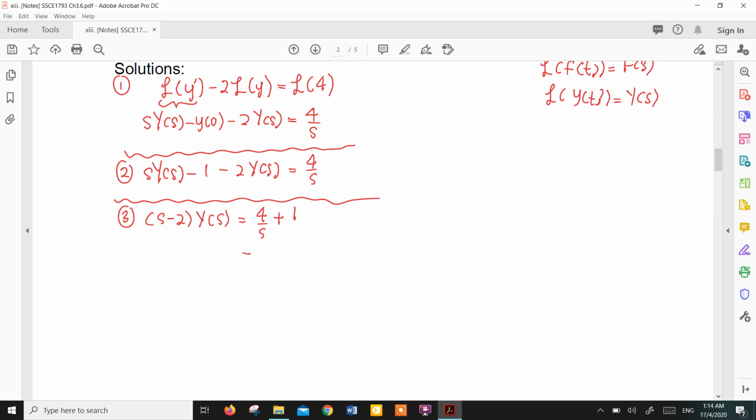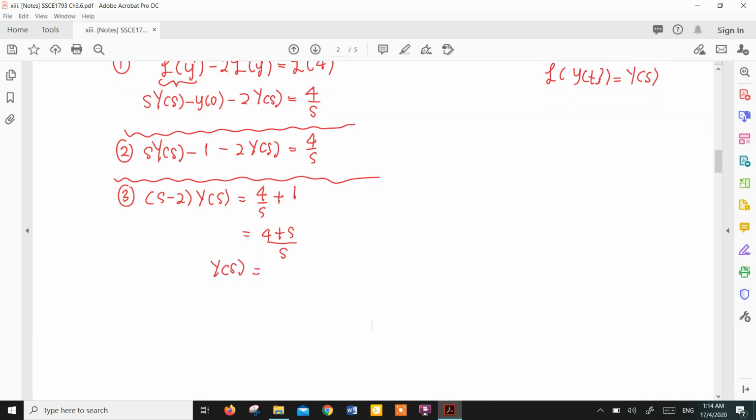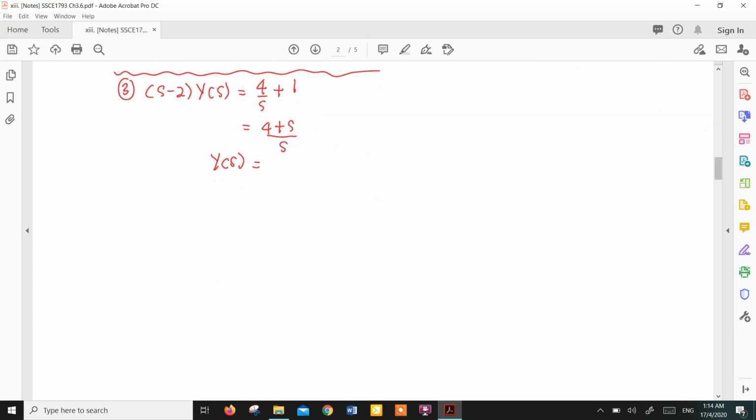Here it is (4 plus s) over s. So this s minus 2 you bring to the other side, and you will get s minus 2 in the denominator. So you have now Y(s).